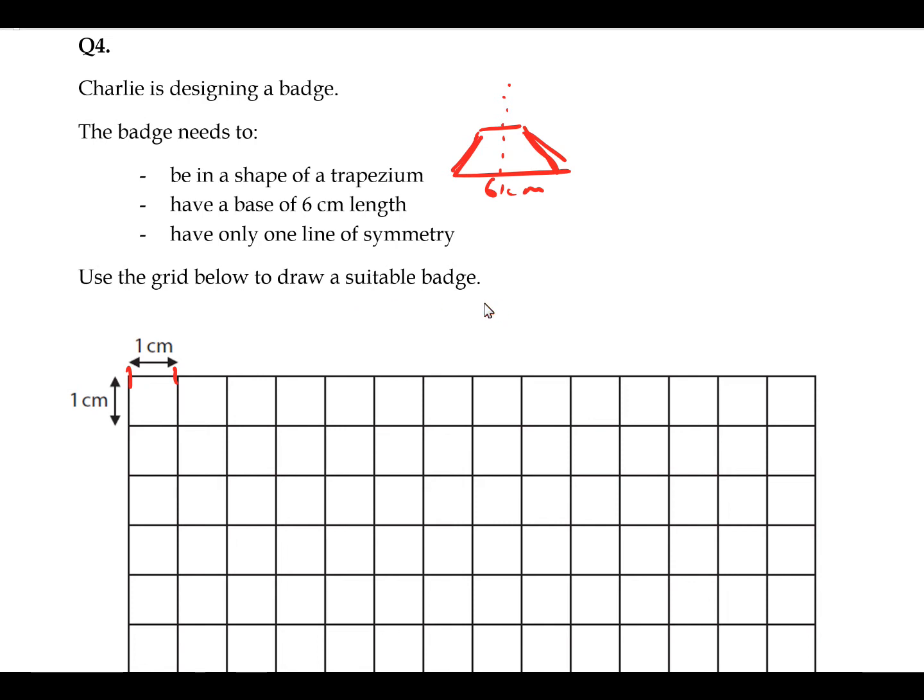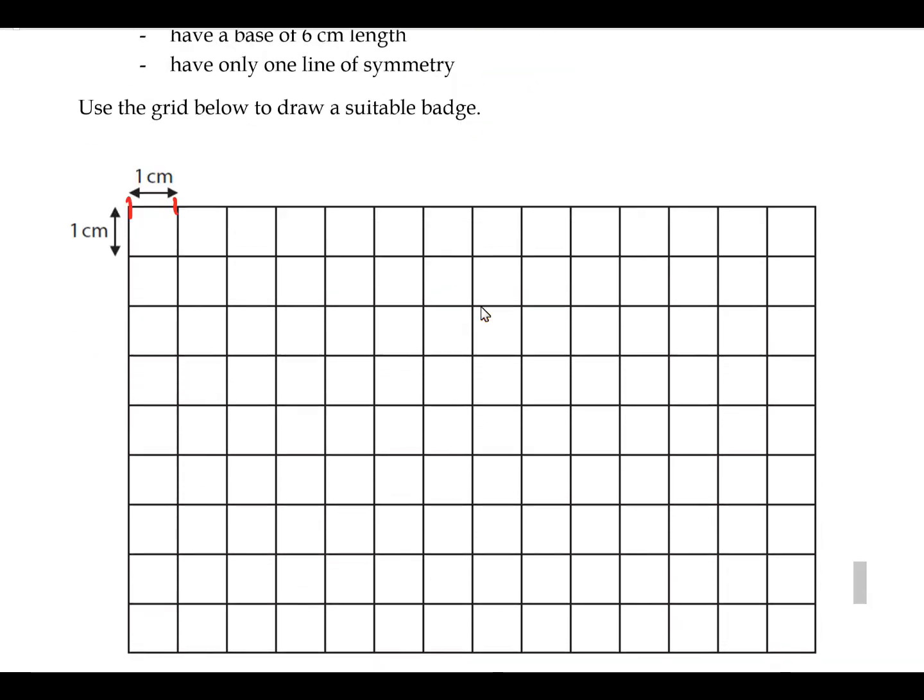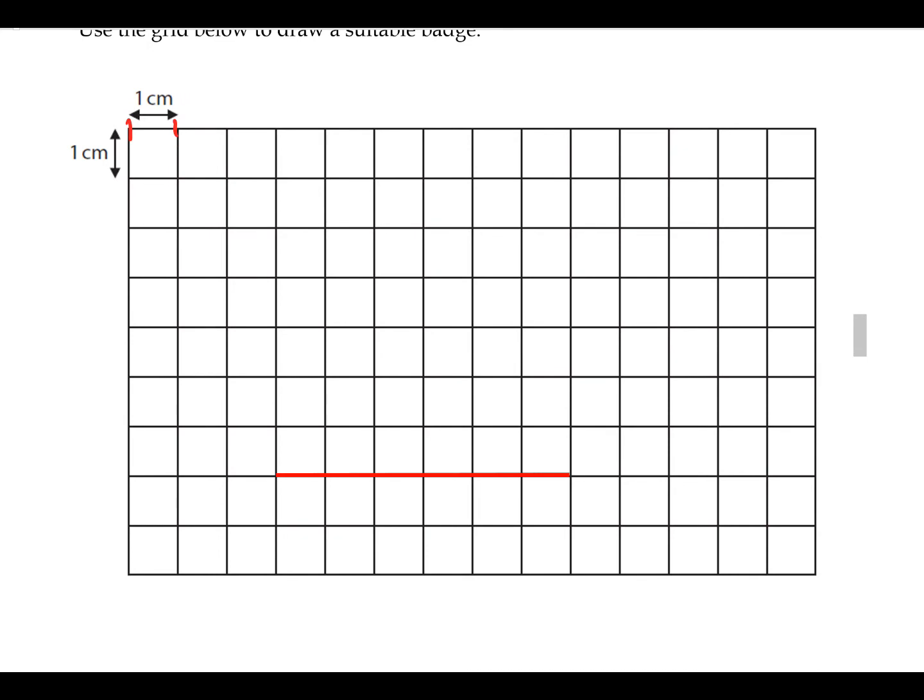So the best place to start is draw our base of our badge. So we've drawn our base here, and it is a base of 6 centimetres. 1, 2, 3, 4, 5, 6 squares long. Now we said that we have to make the sides at each side the same length, so whatever we draw at the top has to be an even number so we can divide it by 2 easily.